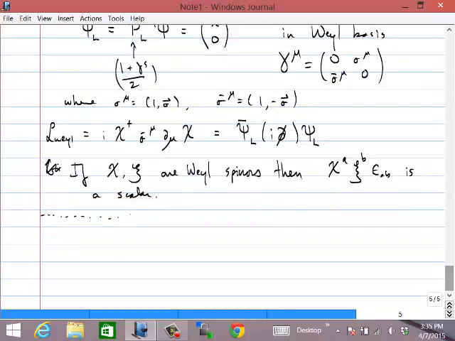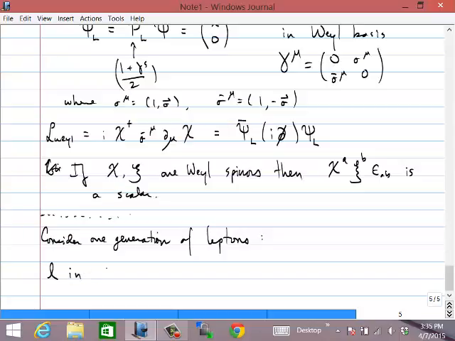So let me now work out the matter content of the standard model for the leptons. What I'd like to do first is just consider one generation, so that my coupling constants are a little bit simpler and I don't need indices everywhere. So what do we have? We have a lepton L, which transforms in the two-dimensional representation of SU2 and has hypercharge -1/2.